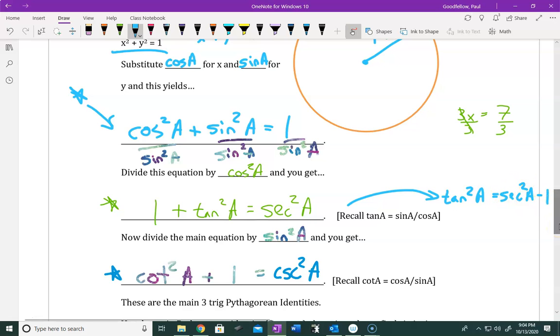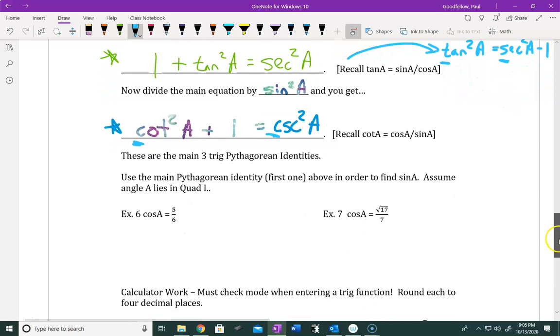Dude, that's the same thing. It's just I moved the 1 to the other side. What you really want to get in your brain is that cosine squared and sine squared for sure add up to 1. And then you're going to want to see that tangents and secants go together in the Pythagorean identities, and cotangents and cosecants go together in the Pythagorean identities.